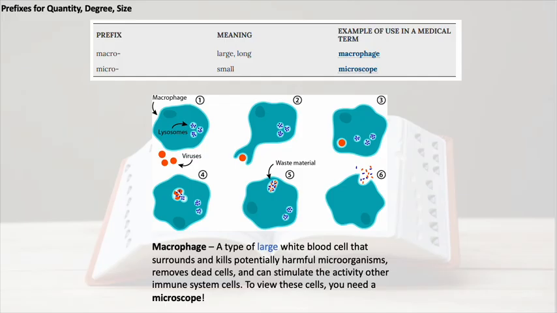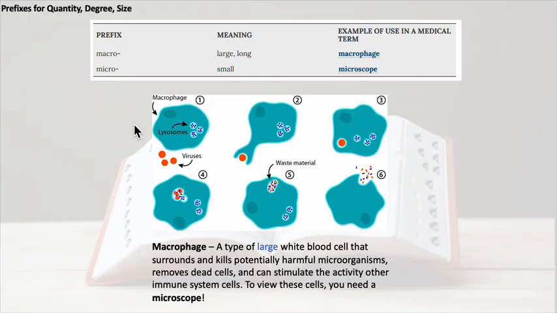Okay, now size. Macro versus micro. Macro meaning large, micro meaning small. Think microscopic, right? A microscope is used to view very small things that are microscopic. A macrophage, as I mentioned previously, is a type of very large white blood cell.